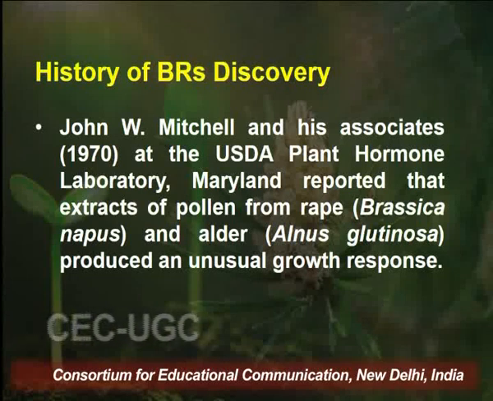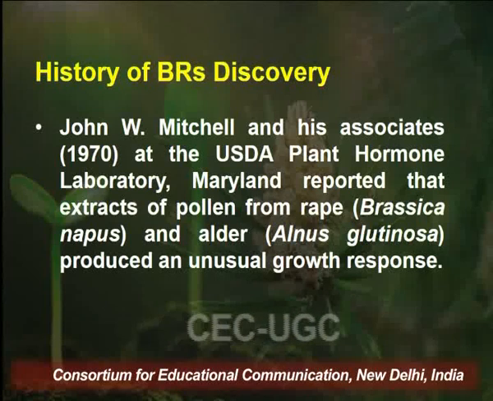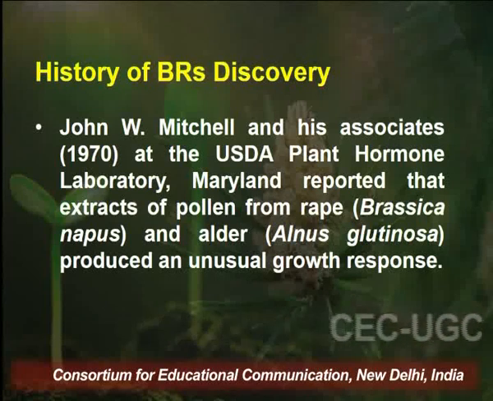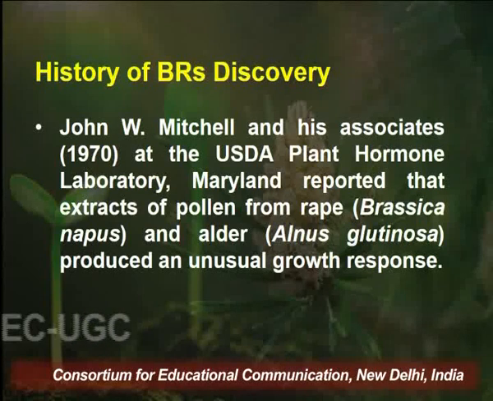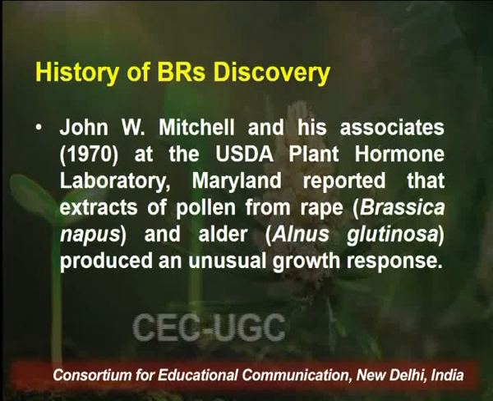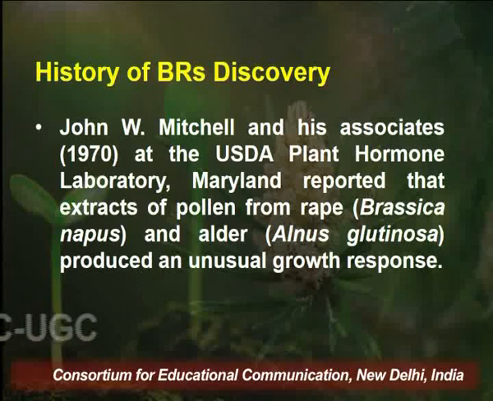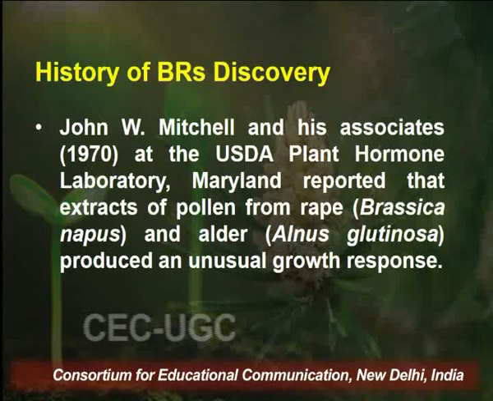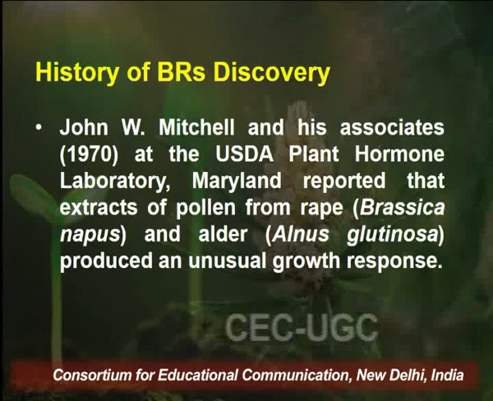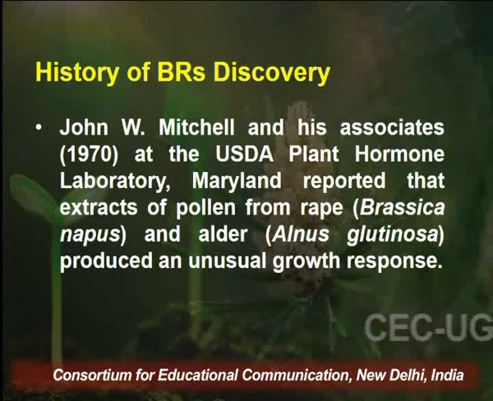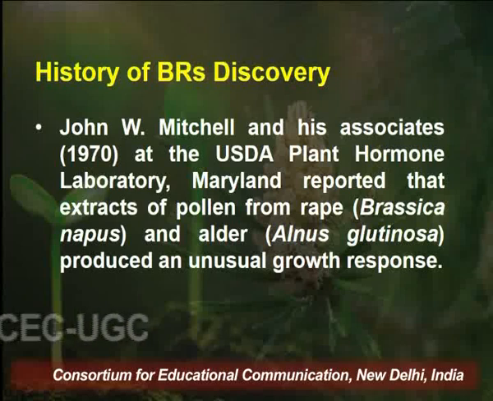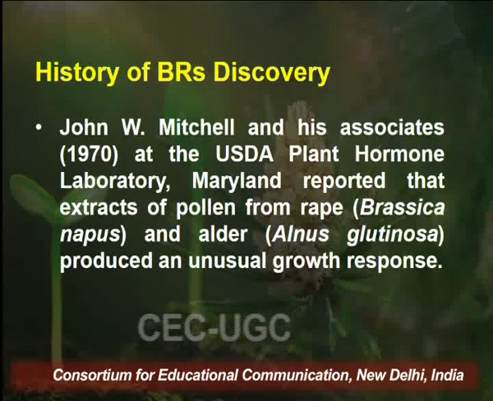Though the compounds responsible for this effect were not identified or isolated, they believed that certain lipophilic compounds were present in those extracts, and they gave the name brassin, because initially the extract was developed from the pollen of Brassica napus.